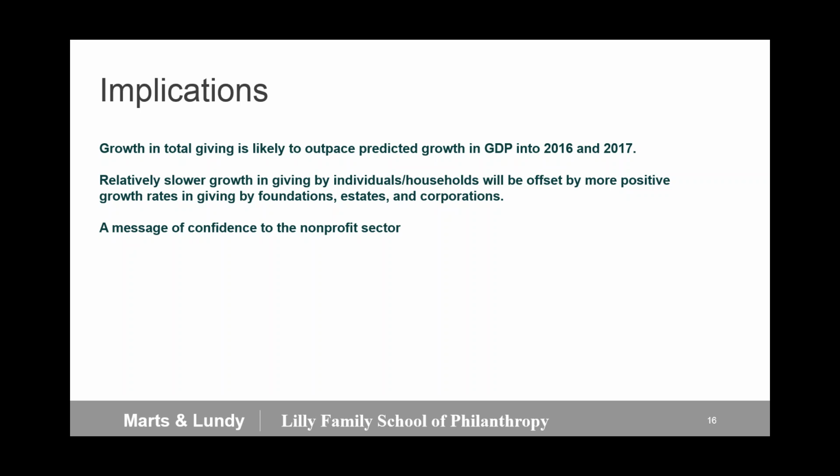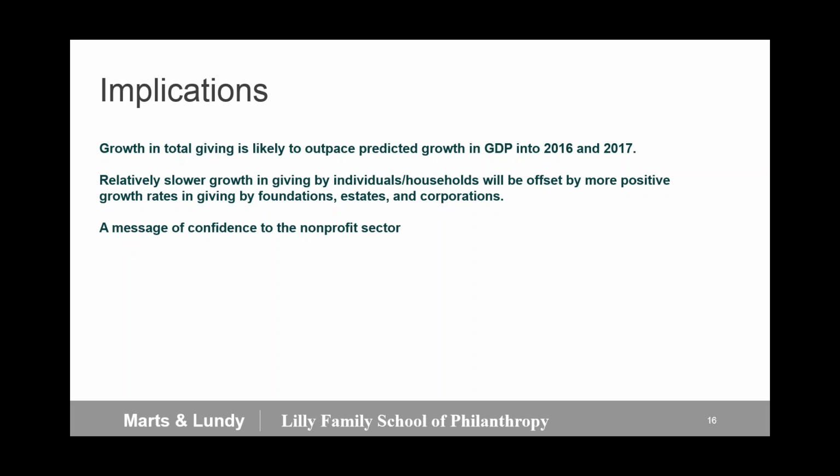We're also noting that individual giving will continue to comprise a very significant part of charitable giving. If we add up the segment that comes from individuals and estates, that's going to make up about 79% of total giving, without even adding in the part from family foundations. We're also noting that foundation giving will continue to grow as a percentage of total giving, a trend that dates back to the 1980s.